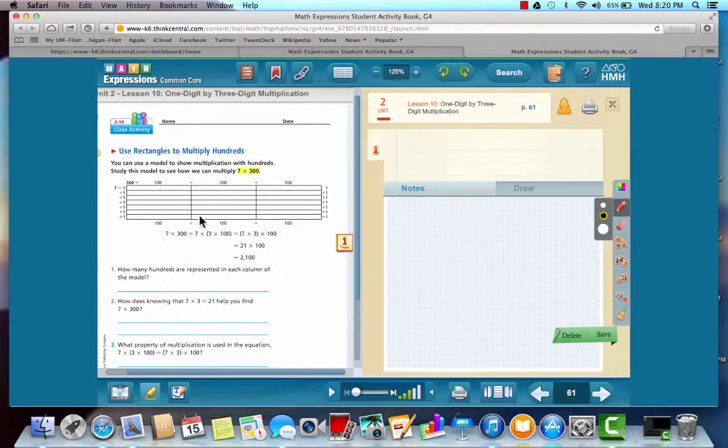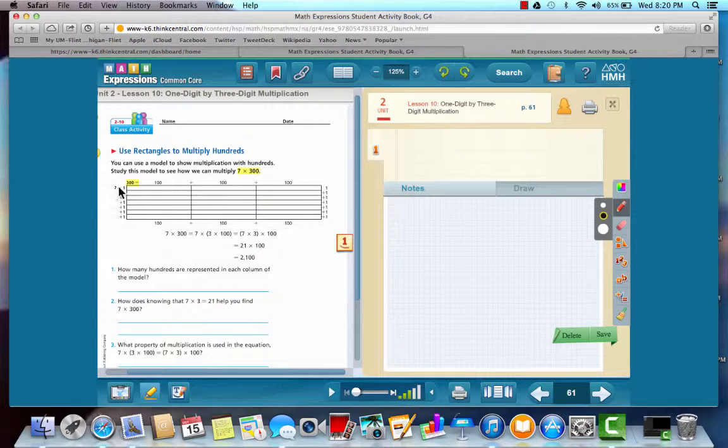What they did was they broke the 300, which is right here, up into three 100 columns. So if you think of that like $100 bills, this would be $100, $200, plus another $100 would be $300 total. They wanted you to look at it completely expanded.